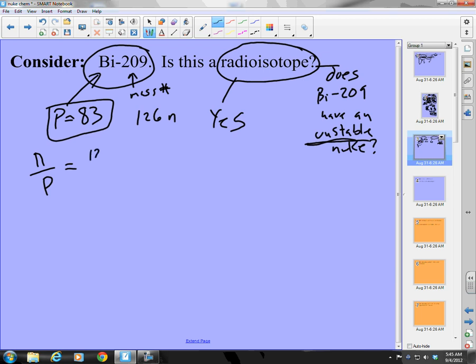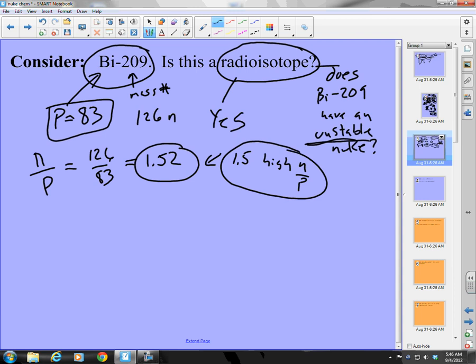So I have 126 divided by 83, and it looks like it's 1.52. So when we think of a high neutron to proton ratio, something in the range of 1.5 is certainly high. Got it? Good.